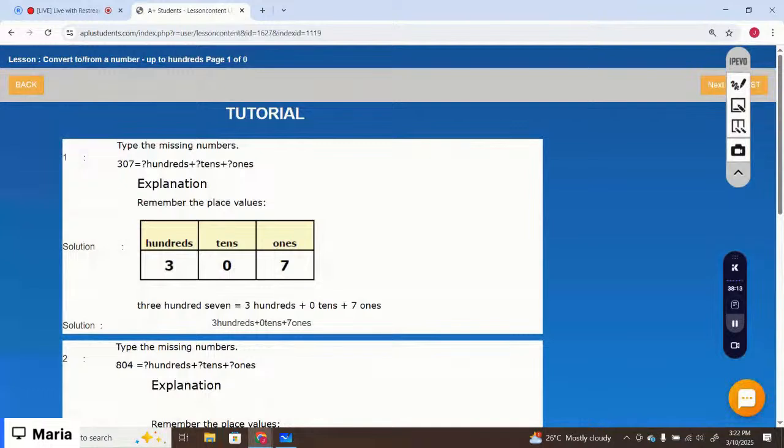So how do we have to write it in the place value chart? The rightmost digit is always the ones digit. Then we have tens and then we have hundreds. So 300, 0 tens, and 7 ones.